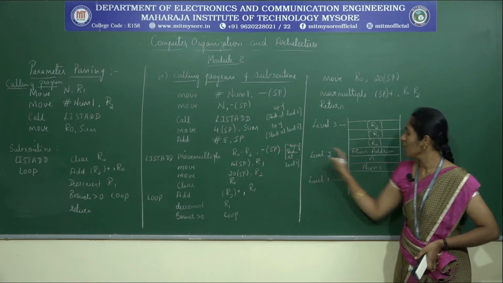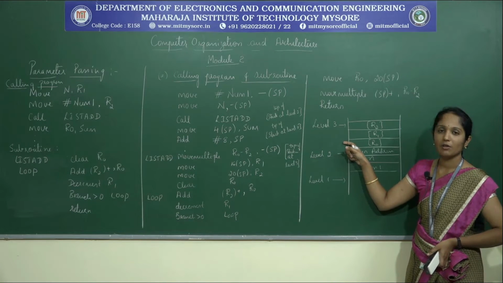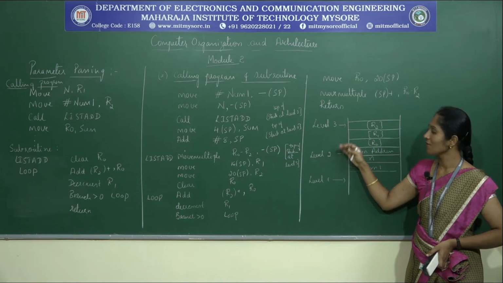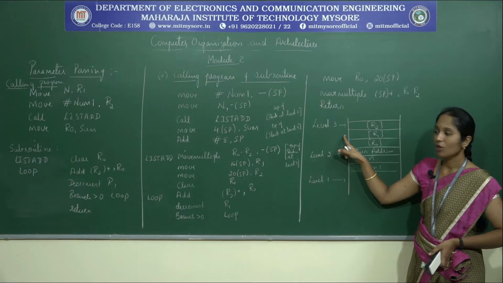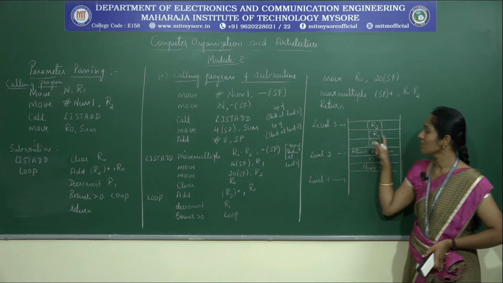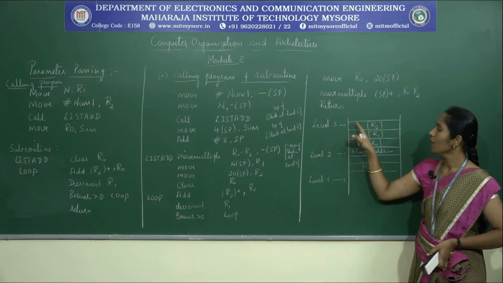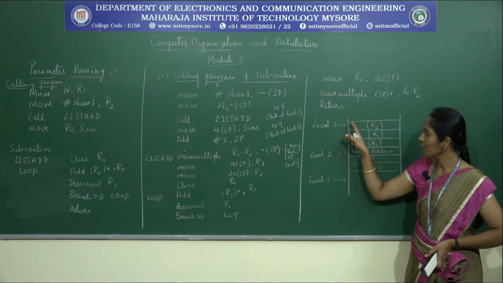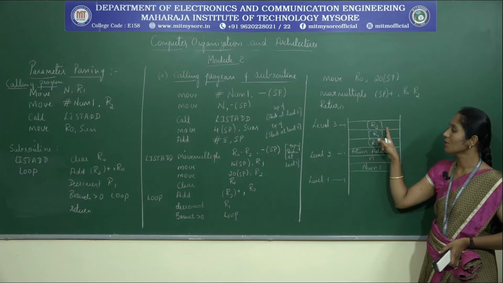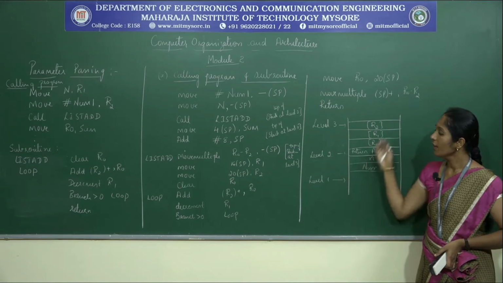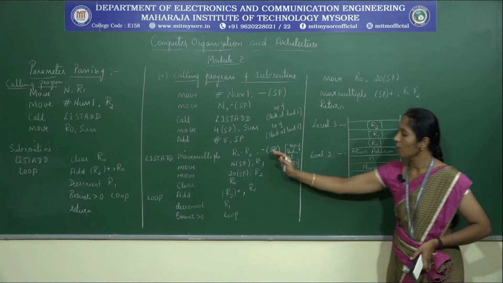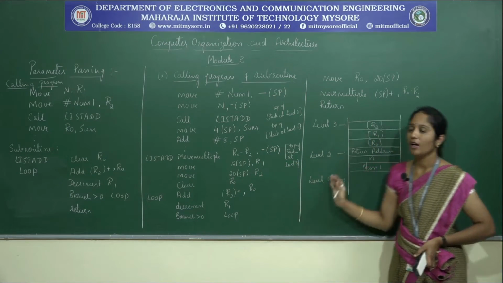With -(SP), from level 2 it will go back one memory location, and store the first register content. Then it will decrement once again and store the second register. Similarly it will decrement once again and store the last register, that is the contents of R2.